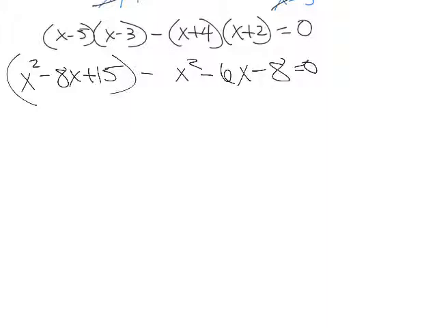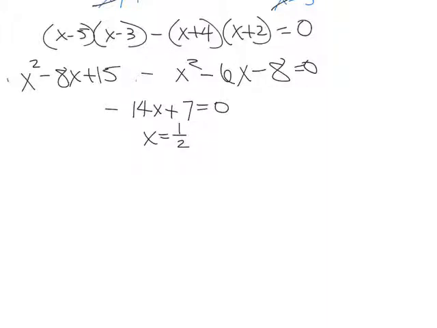Okay, and then I combine all my like terms, and I can take this parenthesis off here as well. My x squareds go away. I end up with negative 14x plus 7 equals 0. And my x then is a positive 1/2.